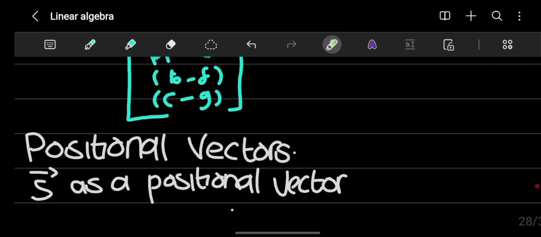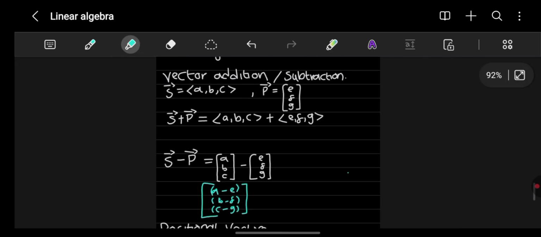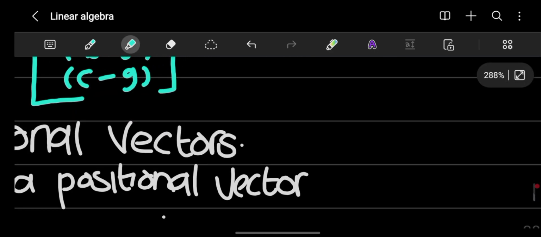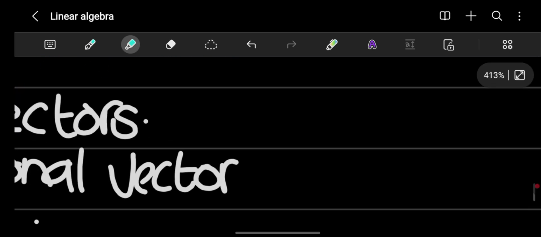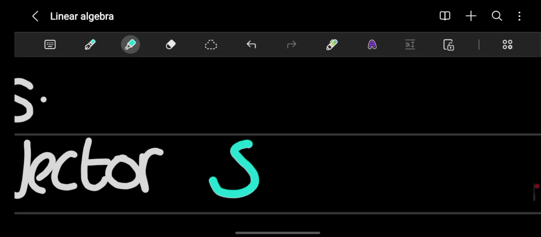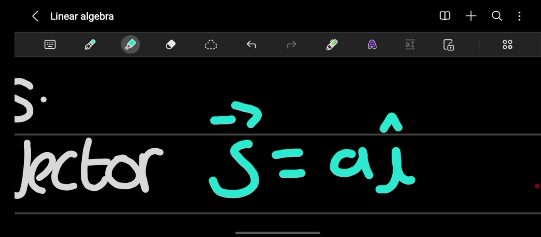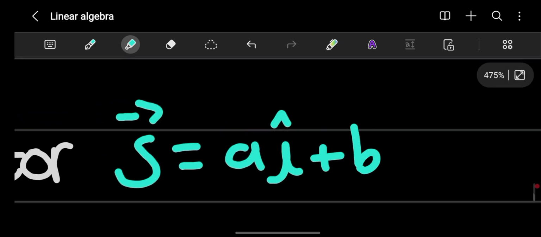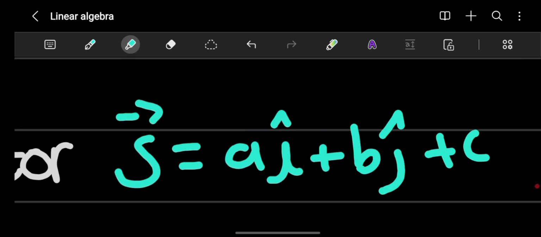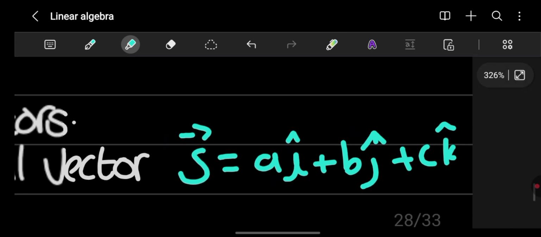Positional vectors: if you were supposed to write vector S as a positional vector, S is ABC. So the positional vector of S would be A i plus B j and plus C k, right? And remember the unit vectors that you're supposed to have.